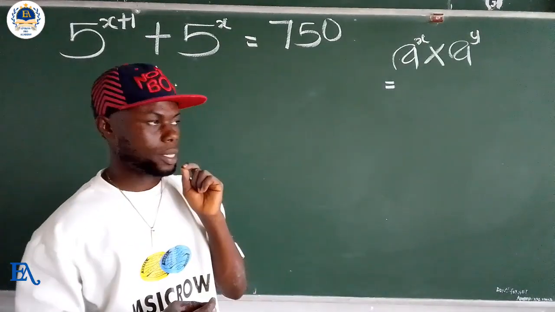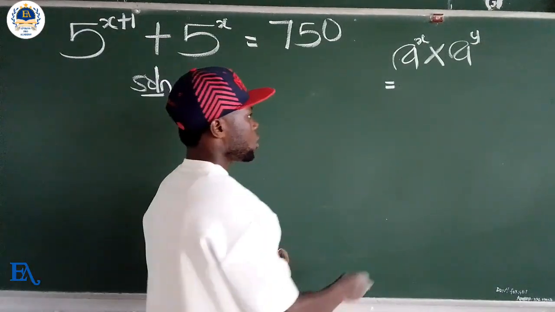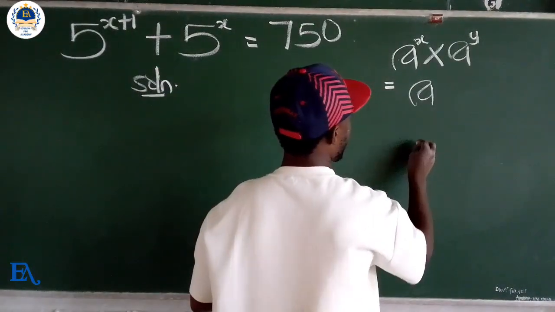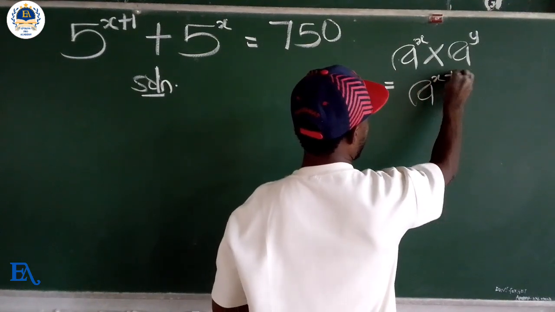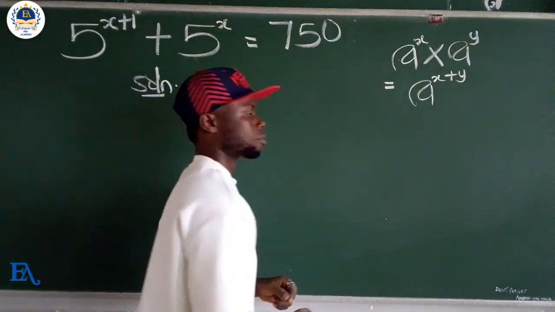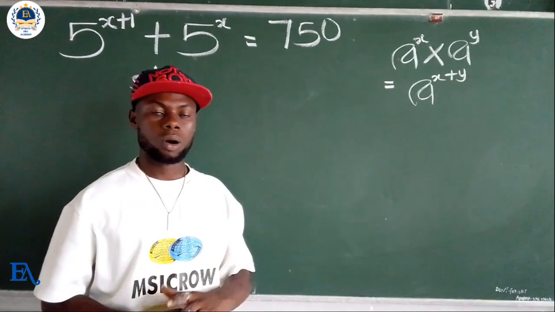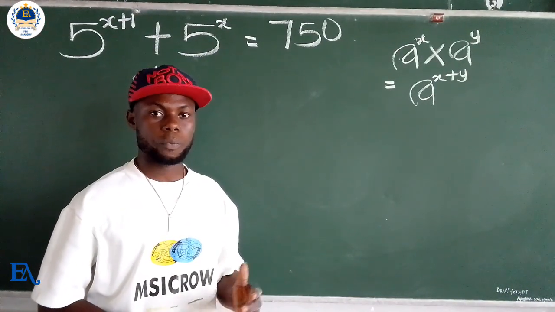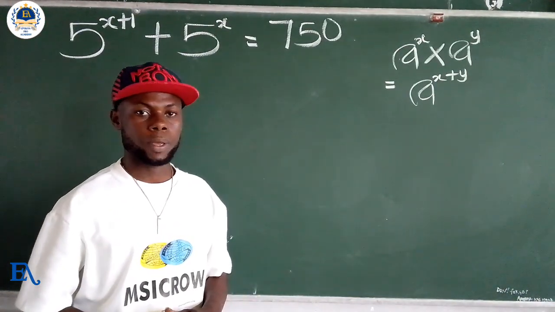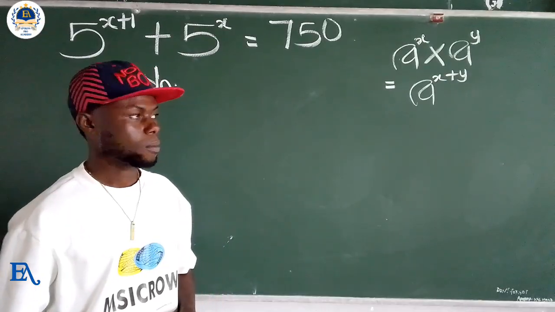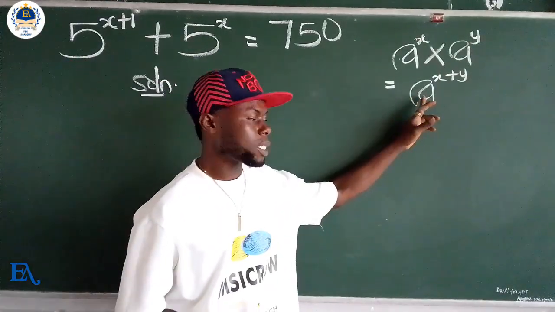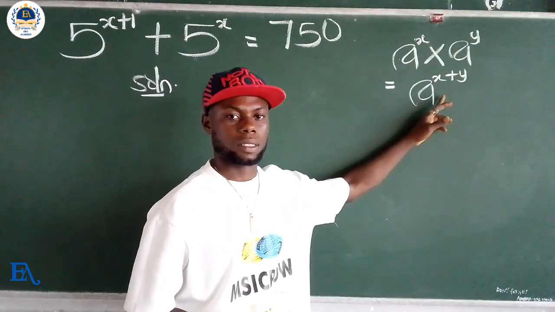We will pick one base and add up the power. So a raised to the power of x plus y. The law states that when 2 or more quantities of equal bases are multiplied, their respective powers must be added.